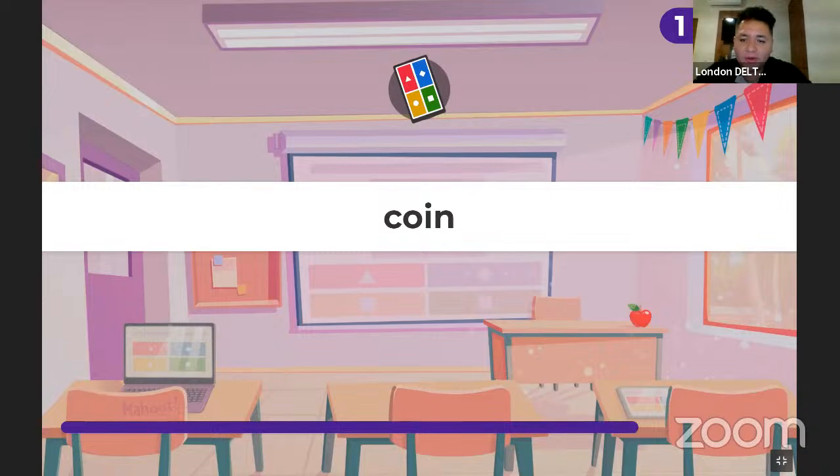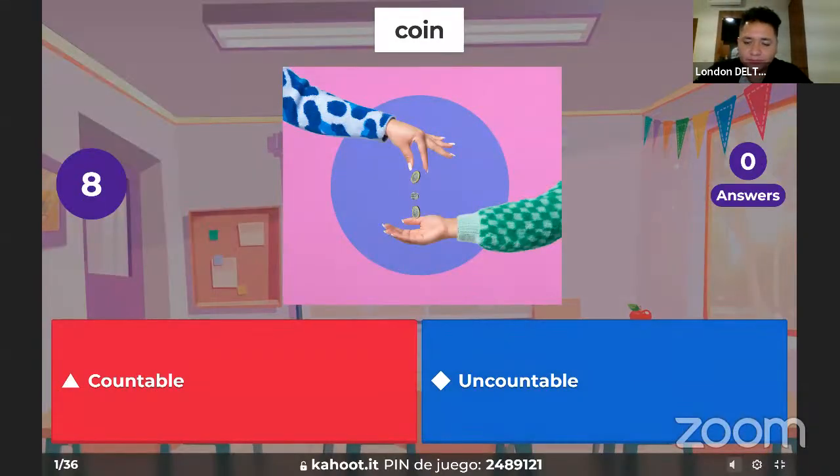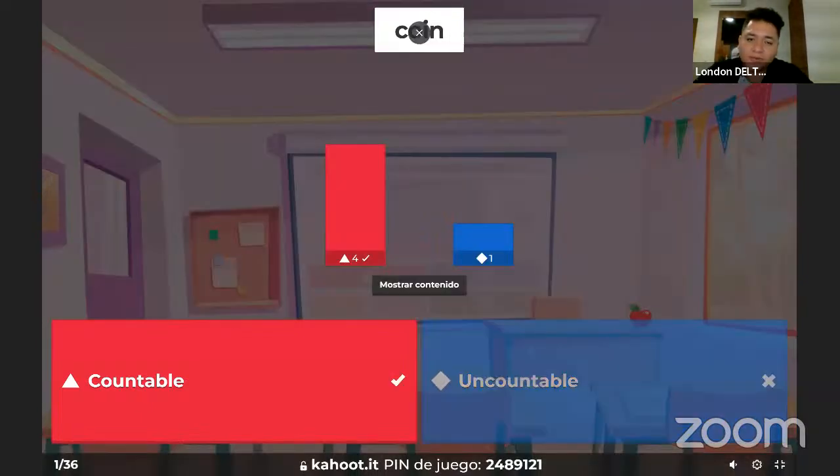Muy bien, la palabra moneda. ¿Es contable, es incontable? Very well, is countable. Excellent. So, sí puedo contar monedas, ¿verdad? Puedo contar monedas, coins, puedo contar bills, billetes. ¿Se puede contar la palabra dinero?